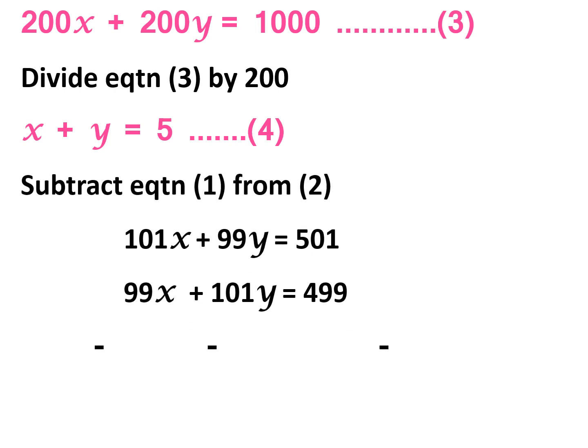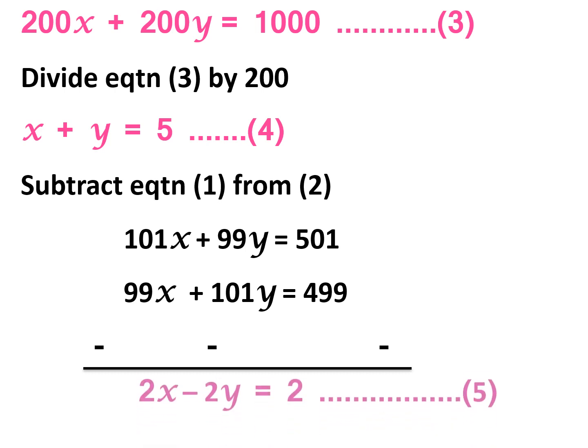Now subtracting equation 1 from 2, 101x plus 99y is equal to 501 minus 99x plus 101y is equal to 499. 101x minus 99x is nothing but 2x, 99y minus 101y is minus 2y, and 501 minus 499 is 2.